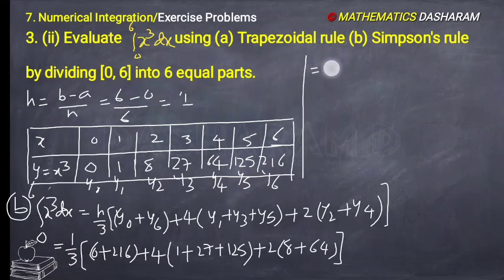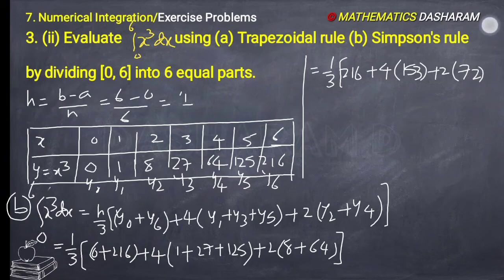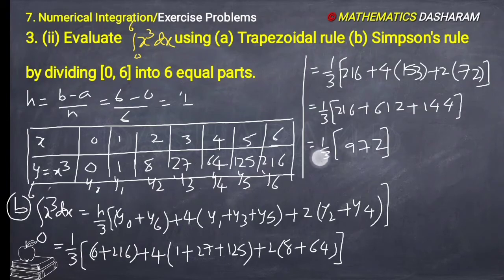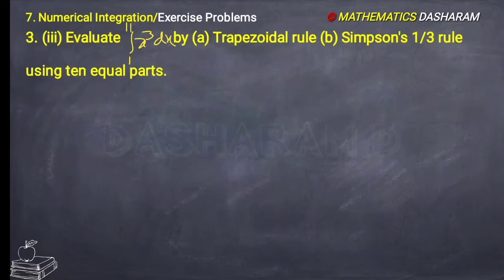So it is 1 by 3 bracket of 0 plus 216 is 216, plus 4 into 1 plus 27 plus 125, which is 153, plus 2 bracket of 8 plus 64 is 72. So 972 by 3: 3 ones are 3, 3 threes are 9, 3 twos are 6, 3 fours are 12. So the required answer is 324.